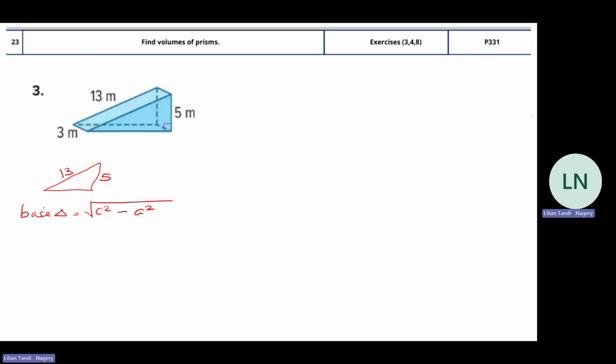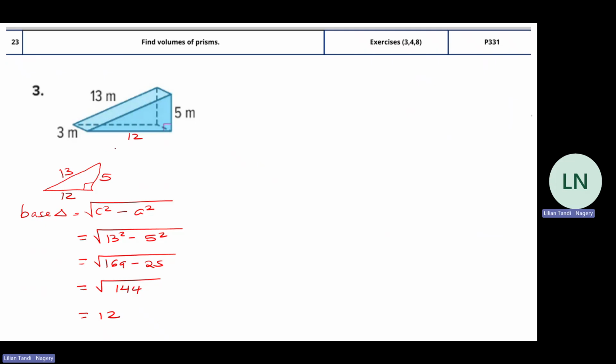To find any missing part of your right triangle, you have to use Pythagoras theorem. So this is 13 squared minus 5 squared. This is 169 minus 25. This should give you 144, and this should give you 12. So the base of your triangle here is 12.